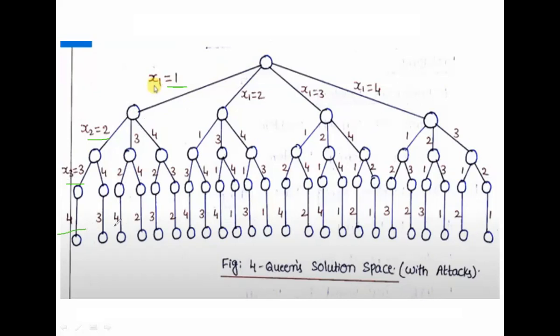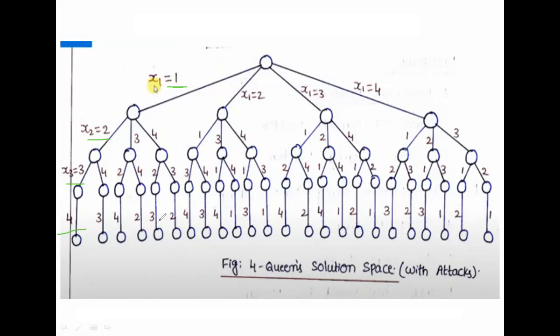Similarly, the second queen is placed in the fourth column, the third queen in the second column, and the fourth queen in the third column. Here the third queen is placed in the third column and the fourth queen in the second column.